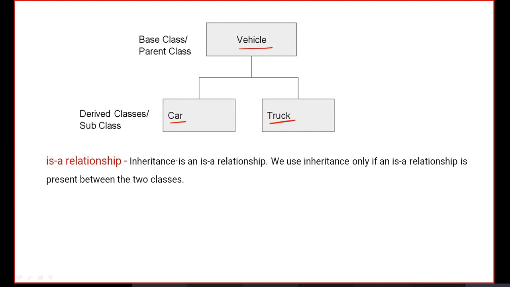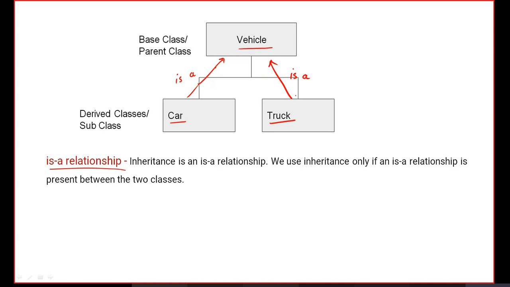And the thing is that every inheritance has an is-a relationship. Now, how do we read this? Car is a vehicle. Similarly, truck is a vehicle.